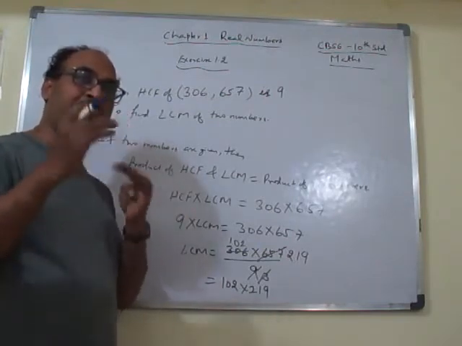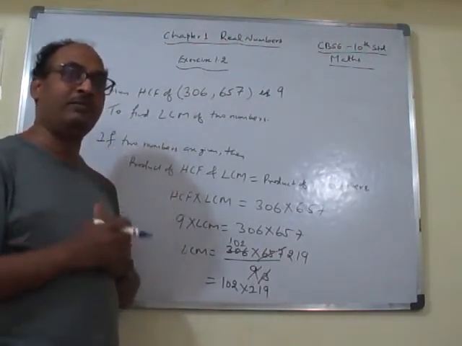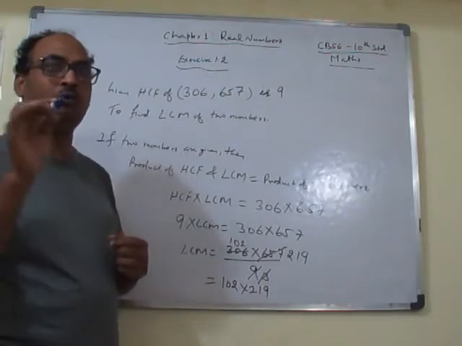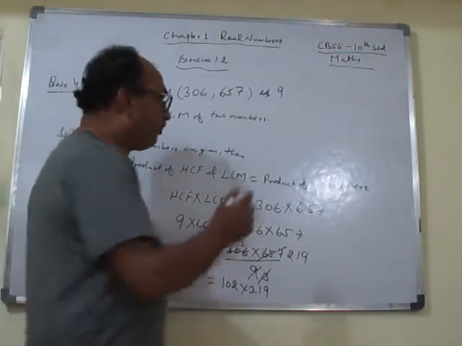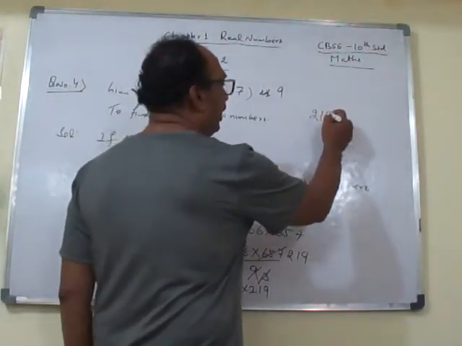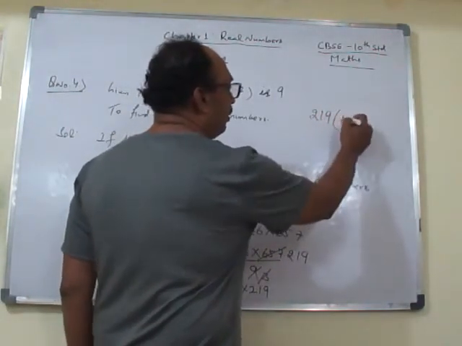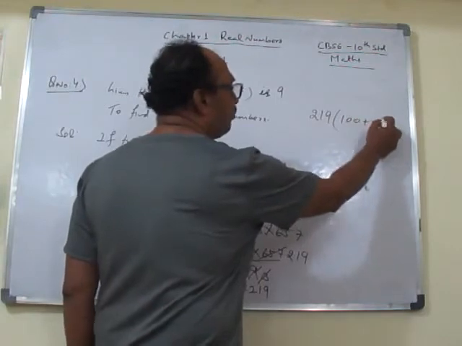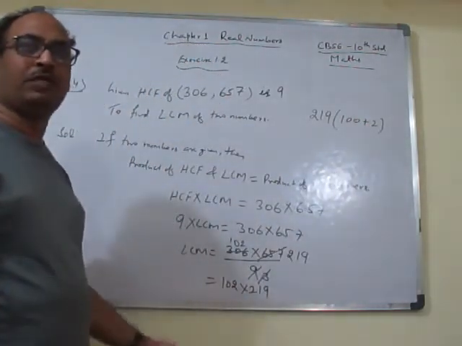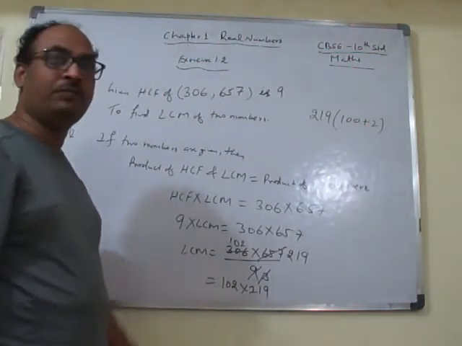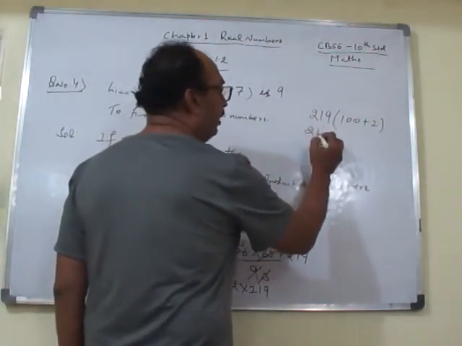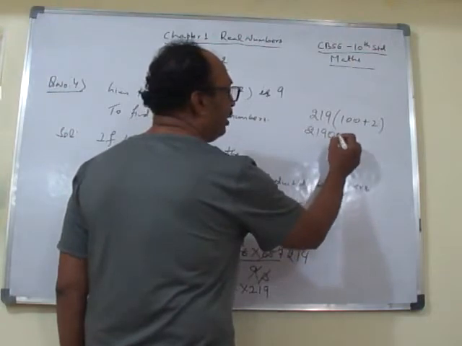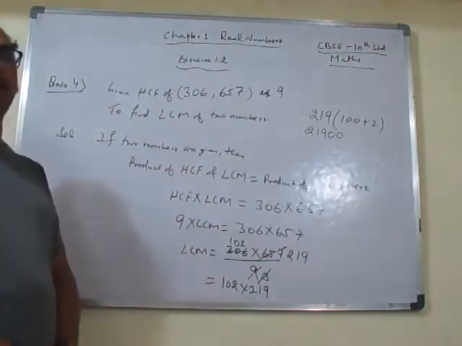And multiplying any number by 100 is easy, just put 2 zeros. Yes or no? So if we are writing 219 into 100 plus 2, then multiplying by 100, I am getting 21900. Easy.